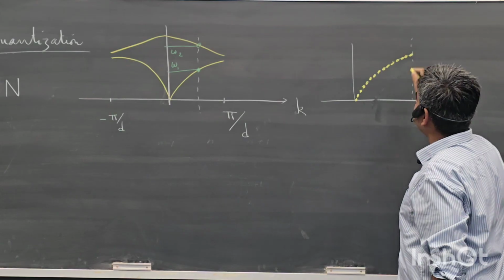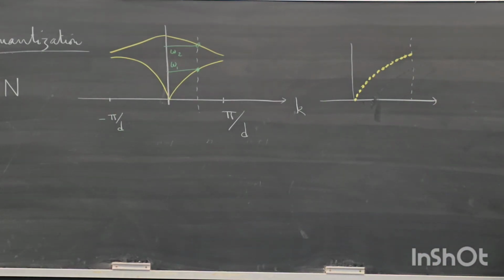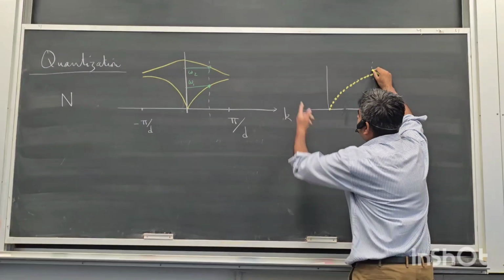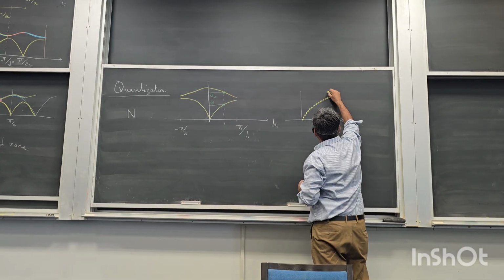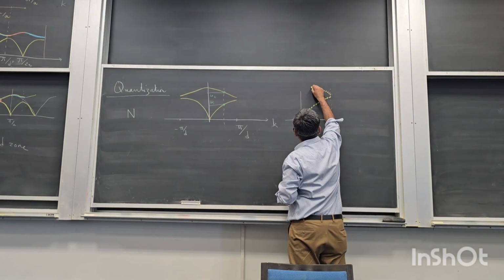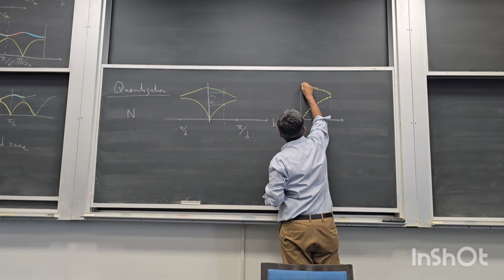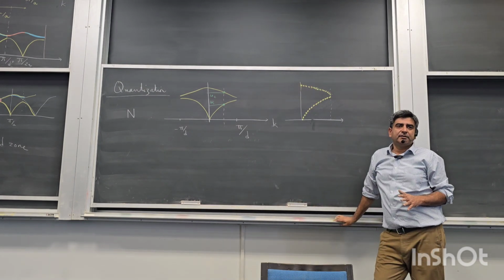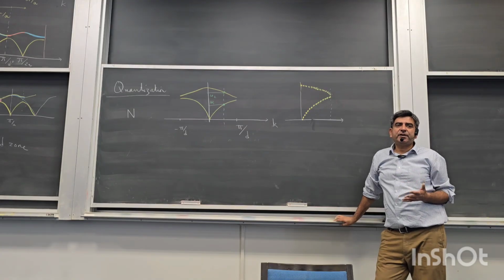Now I have super exaggerated the spacing between these points, but these could be millions of points, and we'll have a qualitative argument of how many in a second. Likewise, the optical branch could be a collection of K points. And it has to be finite because the degrees of freedom is finite.